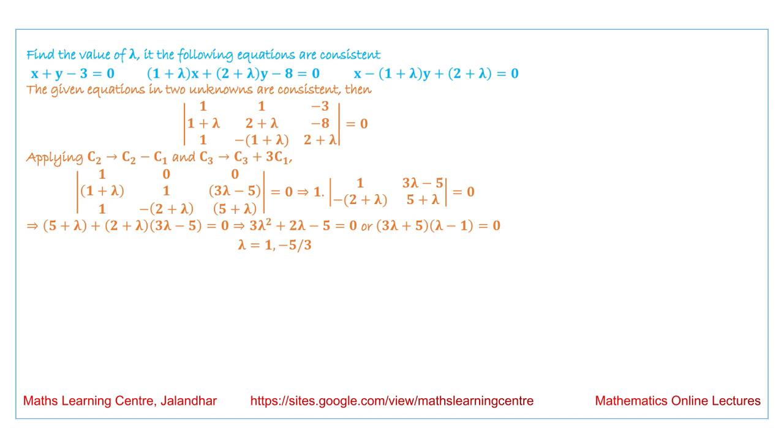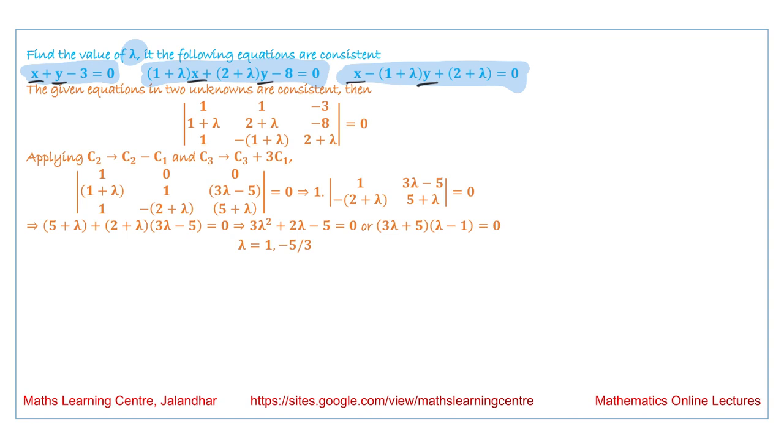Next, we have to find the value of lambda for which this system of equations is consistent. Now if we look at this system of equations, there are three equations and the number of unknowns is 2.